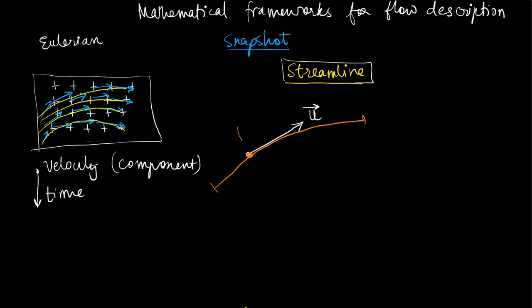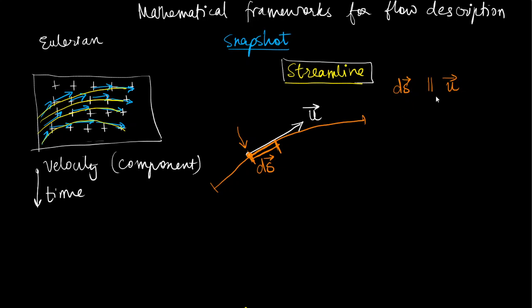So at this particular point, I can say that the ds vector, that is the increment of the displacement along this particular curve at this particular point, should be parallel to the u vector, because streamline is by definition the line which is parallel to the velocity vectors.